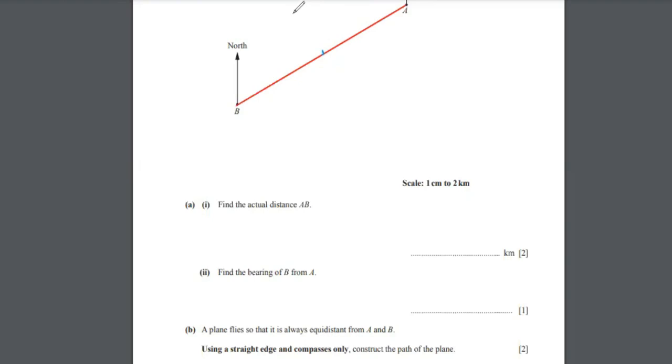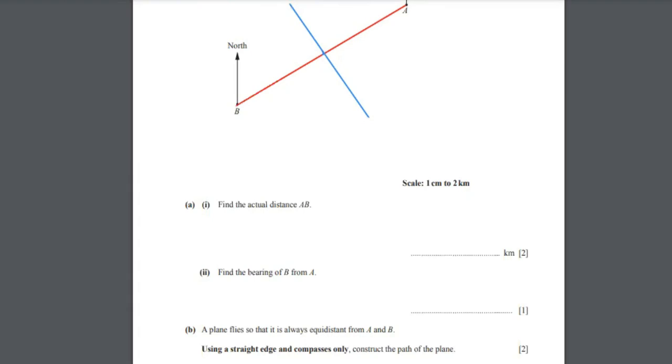And that line must be at 90 degrees. Okay. In this way, this line will be at equal distance at all times. If a plane is traveling on this path, the blue path, it will always be at equal distance from both the points A and B.